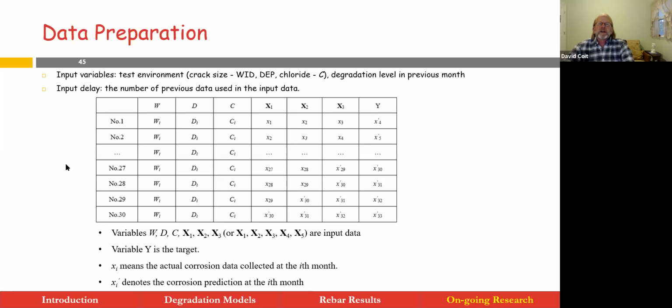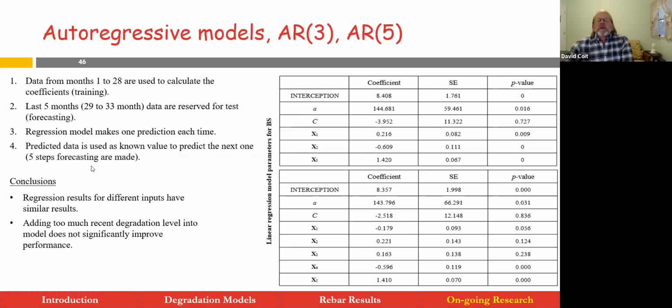First, just an autoregressive model. What does that mean? AR3, AR5: I'm going to use the previous 3 months plus the stress covariates to predict the next month, or the previous 5 months to predict the next month.